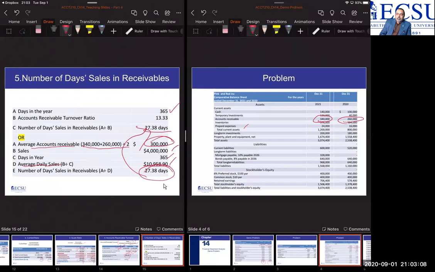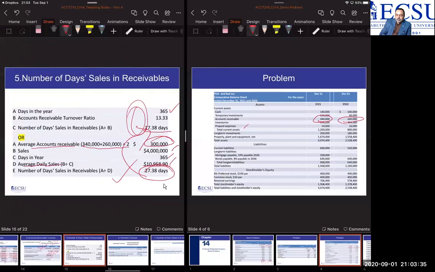Now, normally the advice that I give to you is, if you are doing both accounts receivable and number of days sales receivable, I would go with the first one because it's easier to calculate. But if you're only doing the number of days sales in receivable, then you're better off calculating using the second formula. So that would be how we'll be calculating your number of days sales in receivable.